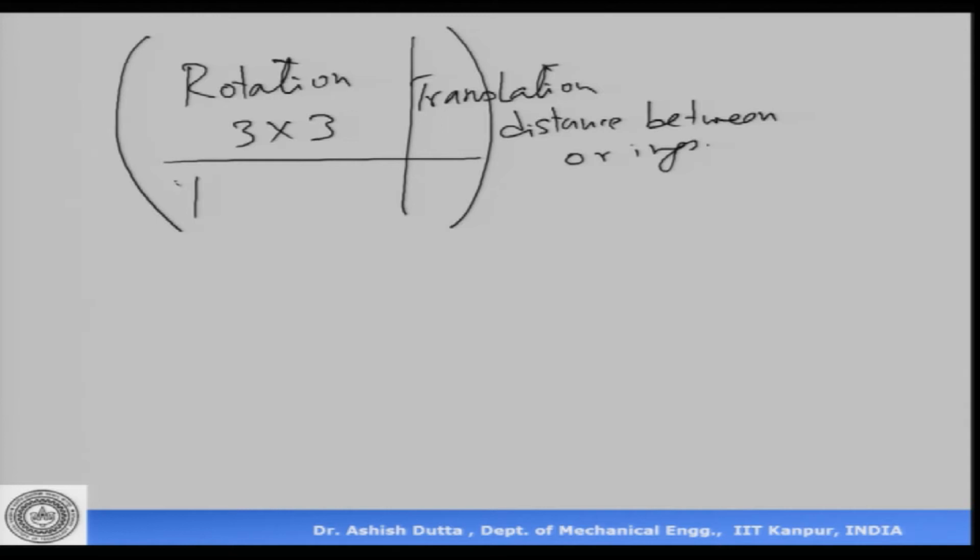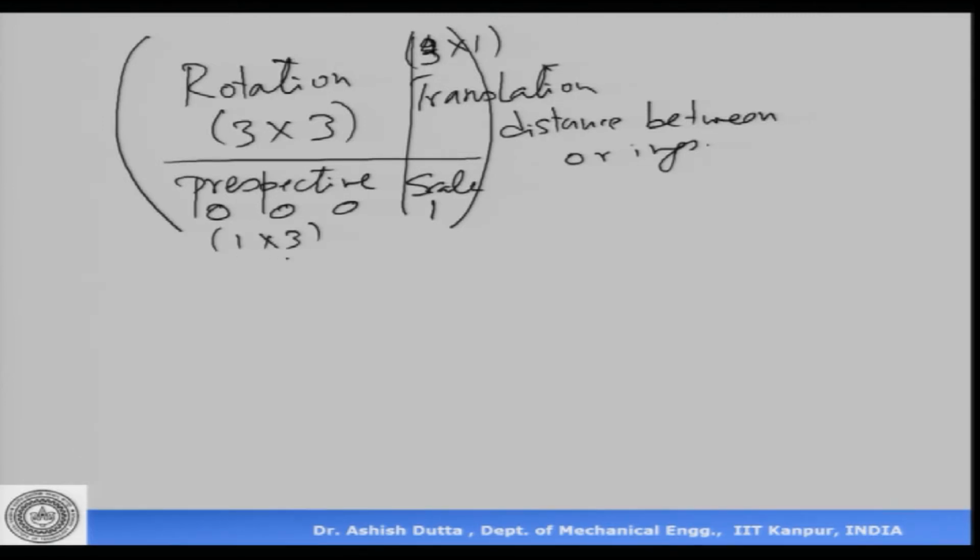This is called perspective, and this is called scale. In robotics, the perspective here is always 0 0 0 and the scale is always 1. So, this matrix is 3 by 3, this is 3 by 1, this is 1 by 3, and this is 1 by 1.